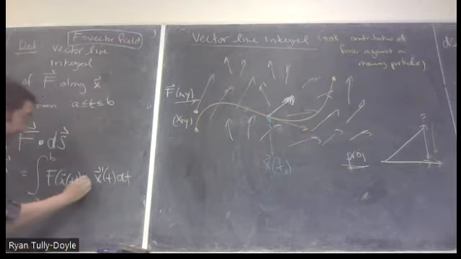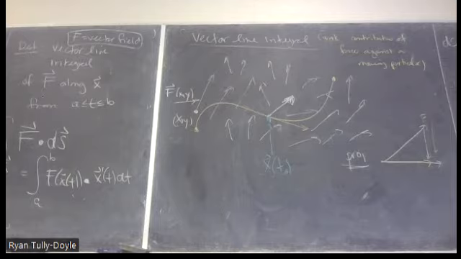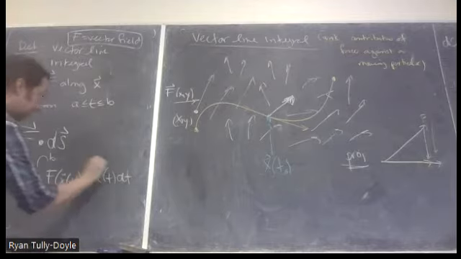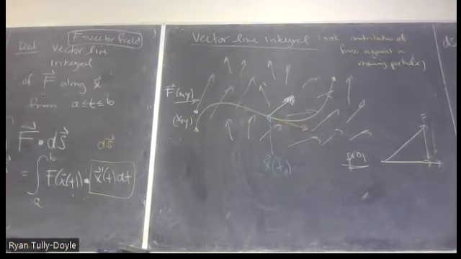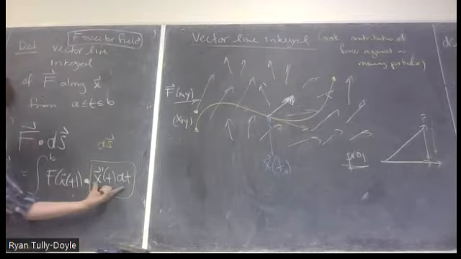Okay, so this is a dot product. This quantity is what we think of as the vector version of ds. It is really easy to get these confused, but what I want you to think about is that you are measuring the interaction of the force field with the direction of motion.